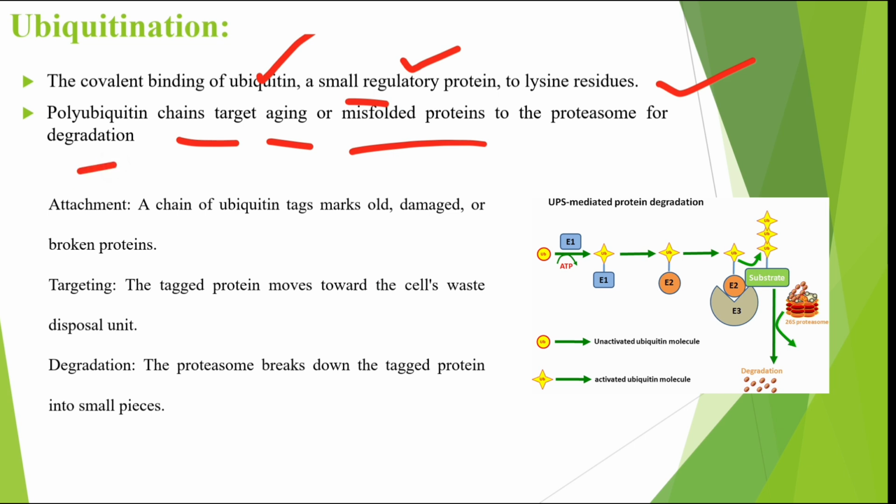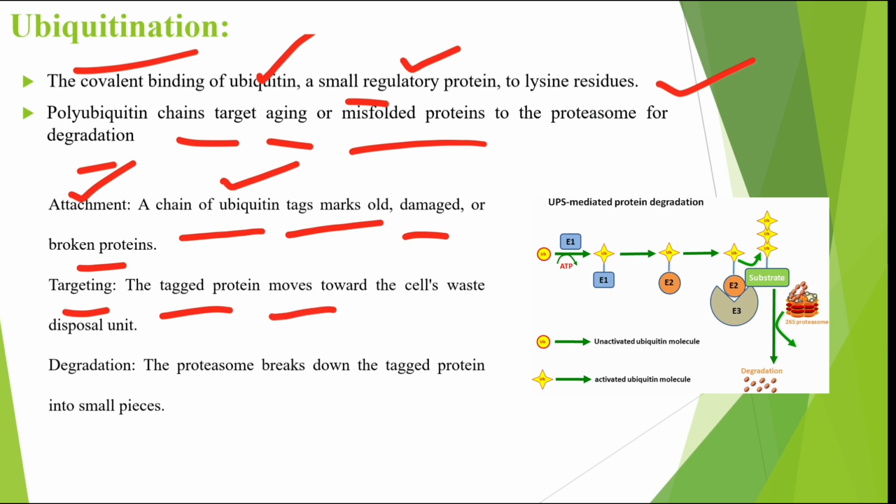So generally ubiquitination leads to the degradation of proteins. At first attachment takes place, a chain of ubiquitin tags or marks the old, damaged or broken proteins. Then, targeting, the tagged protein with ubiquitin moves towards the cell's waste disposal unit. Finally, degradation: the proteasome breaks down the tagged protein into small pieces.